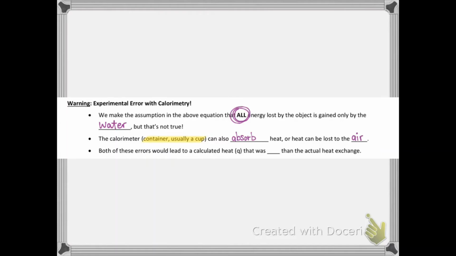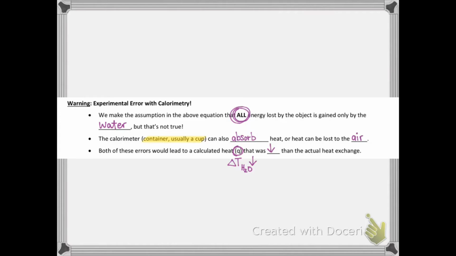So even though we pretend all of the energy, the heat, was absorbed by the water, some of it gets lost to other things. In that case, when you're measuring the temperature change of the water, the temperature change of the water isn't as big. Delta T of the water is going to be smaller than it would have been if it absorbed everything, which means Q, when you calculate it, is going to be smaller than what the actual heat exchange was.